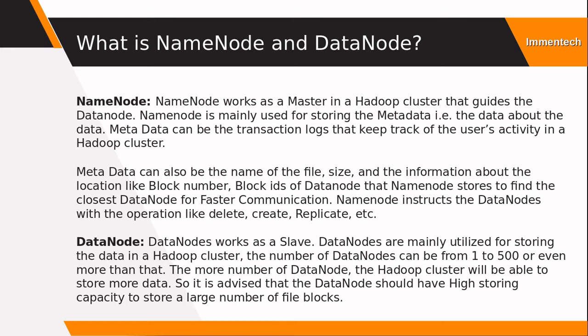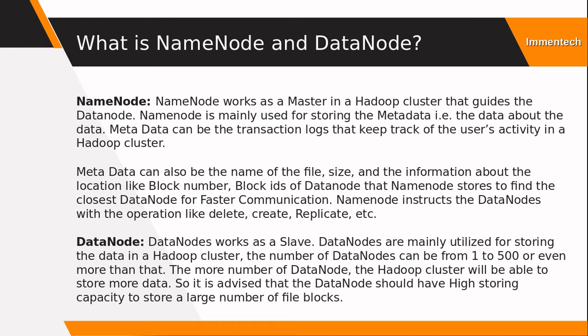Metadata can also be the name of the file, size, and the information about the location like block number, block IDs of DataNode that NameNode stores to find the closest DataNode for faster communication. NameNode instructs the DataNode with the operation like delete, create, replicate, etc.